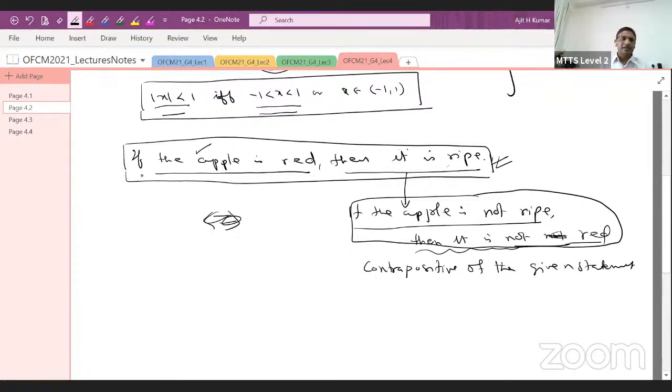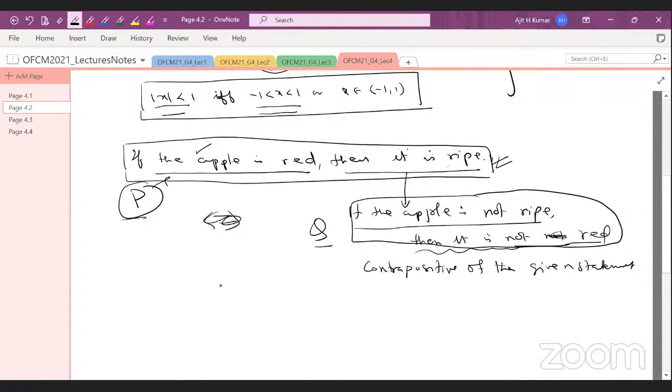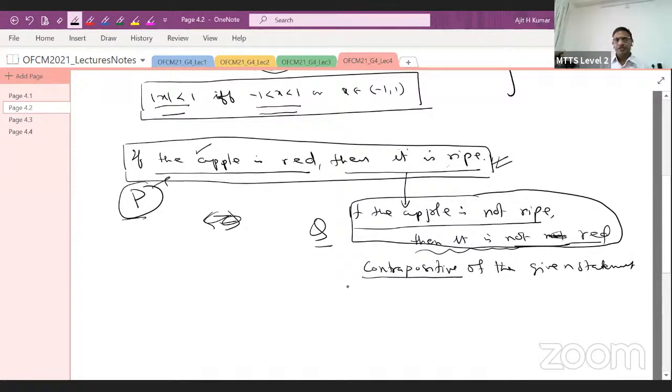What was the given statement? If I call this statement P and this Q, then Q is the contrapositive of P. And similarly, P will be the contrapositive of Q. Okay, this is what is called contrapositive.